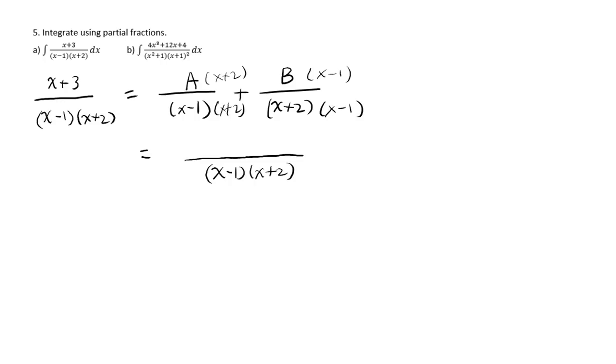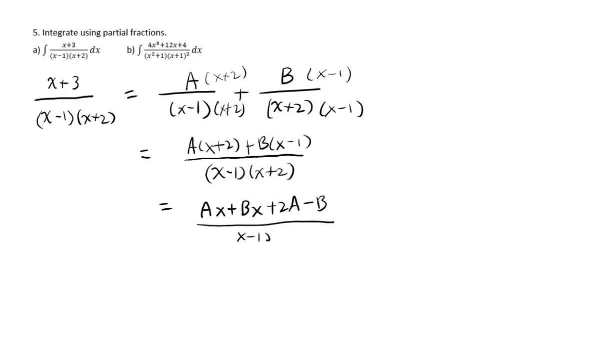Since now you have the common denominator x minus 1 x plus 2, you would have a times x plus 2 plus b times x minus 1. Let's proceed further. This would be ax plus bx plus 2a minus b over x minus 1 x plus 2.